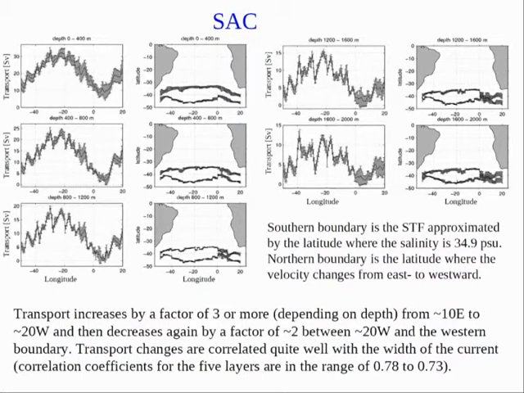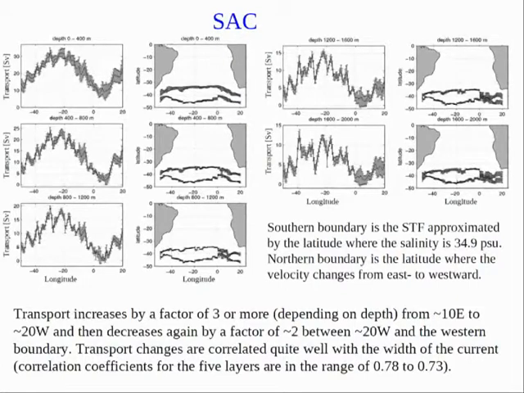We also see an increase in the next level between 1,200 and 1,600 meters. Below 1,600 meters there's a little bit less of an increase, but there still is some. And then going more west, it drops off again everywhere, except for this one, where the drop off is a little bit weaker and everything is a lot more noisy.